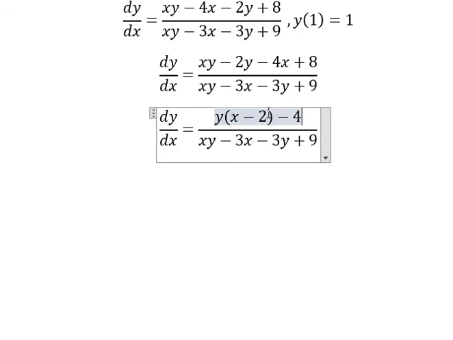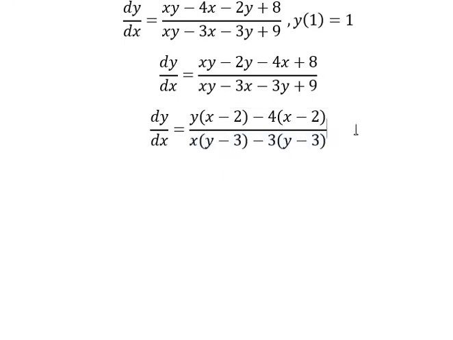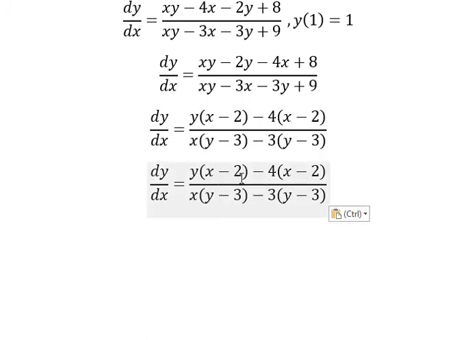That's about number 4. This one s, negative number 3, number 9. We have s minus 2, s minus 2.